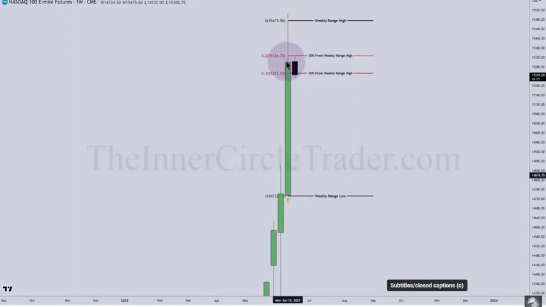And then we have the run higher, makes the high of the week, and then we close here on the week. The lowest low of the week, all the way up to the highest high of the week, that's your weekly range. Okay?